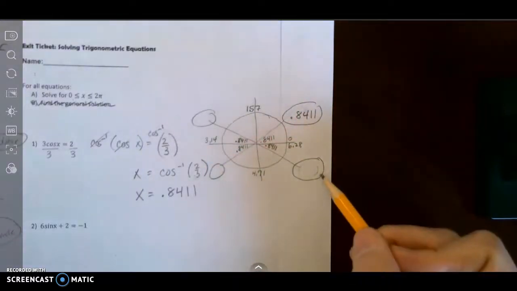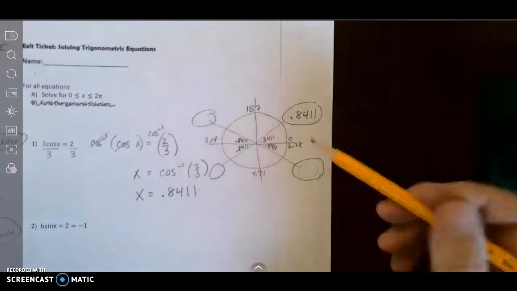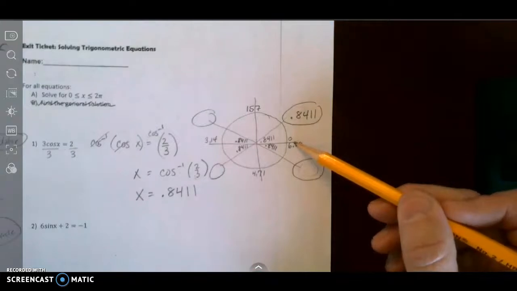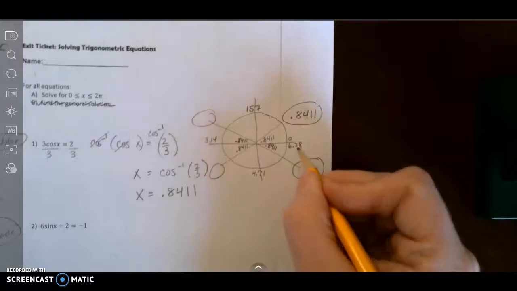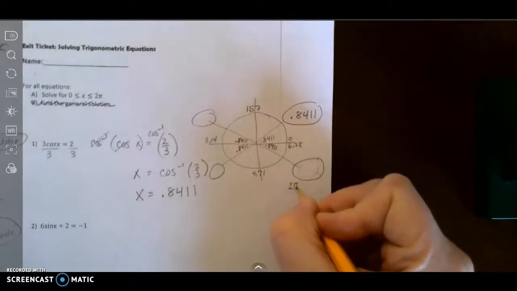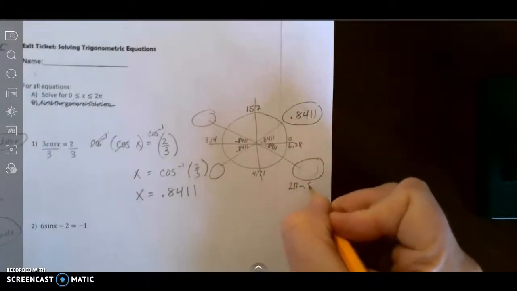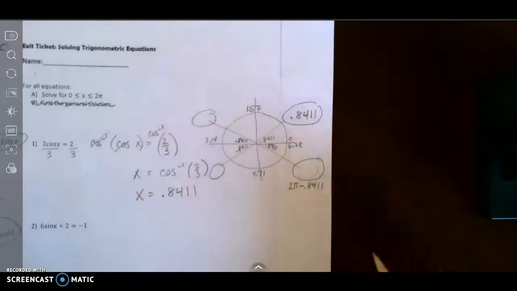So the other answer I need is this one right here, which means I'm at 6.28 and I'm going in the negative direction, 0.8411. So that would be 6.28, which is 2 pi, minus 0.8411.